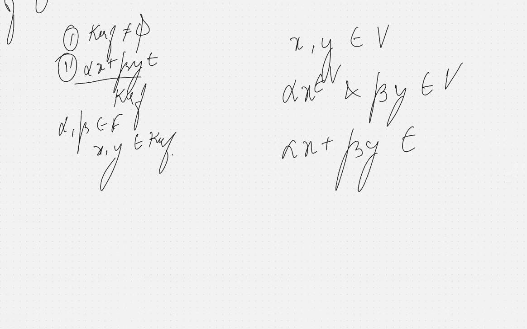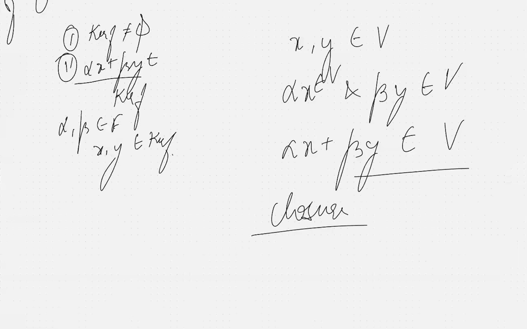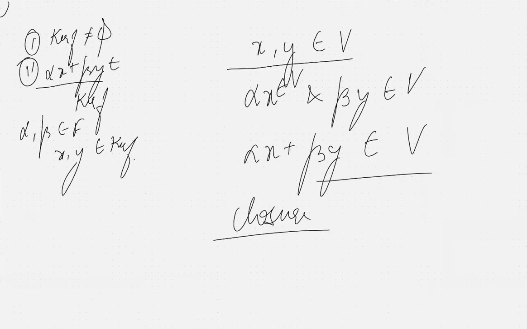Why? Because V, being a vector space, is an additive abelian group, and because it is an additive abelian group, the closure property is satisfied with respect to addition. So the sum of two elements will also belong to the same vector space. This means that if we take two elements x, y, then an element of the type alpha x plus beta y will also belong to that same set.